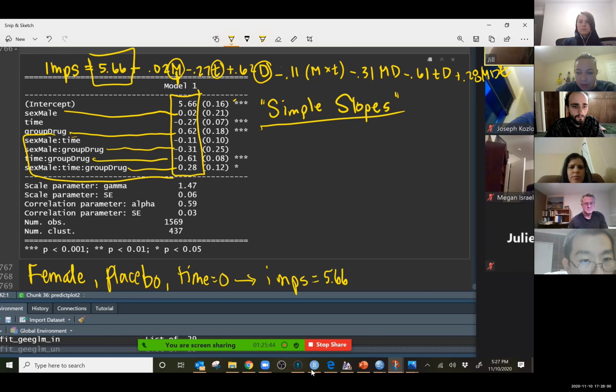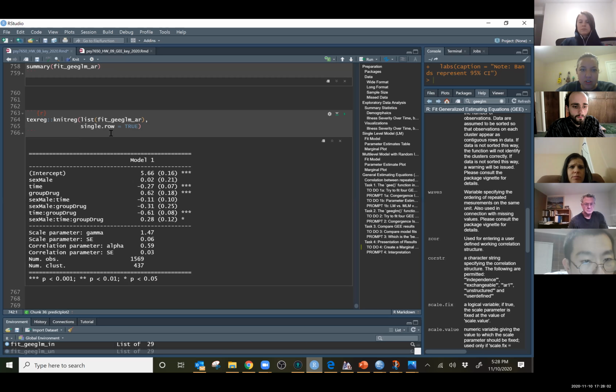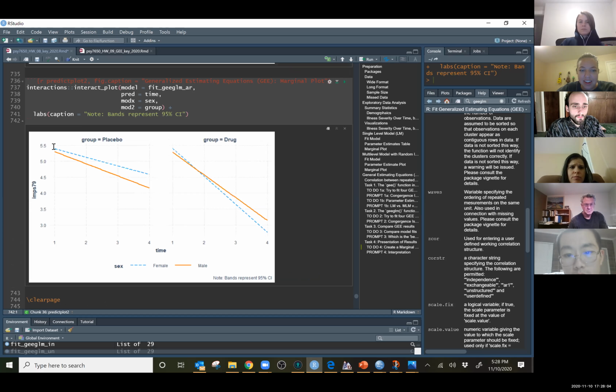If we look at that plot, where does it start? I guess it would be at time 0. Our time goes 1. This is why we'd want to center time, so it starts at 0. Because if we go back to time equals 0, it would cross at 5.66.